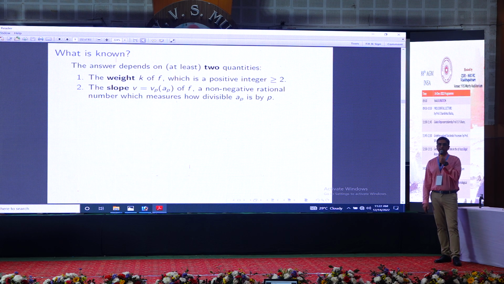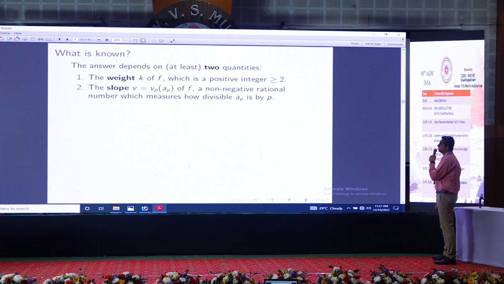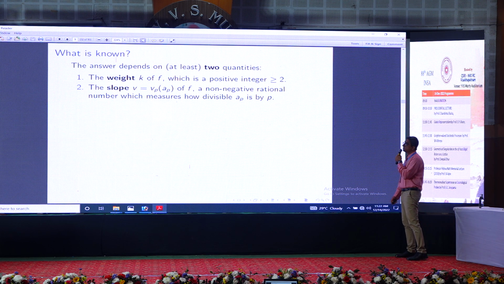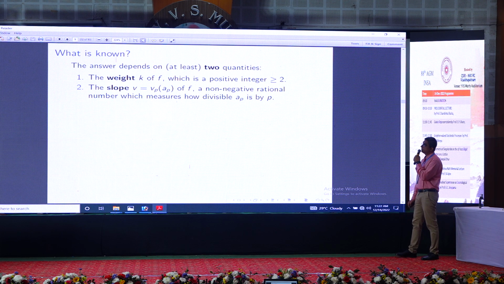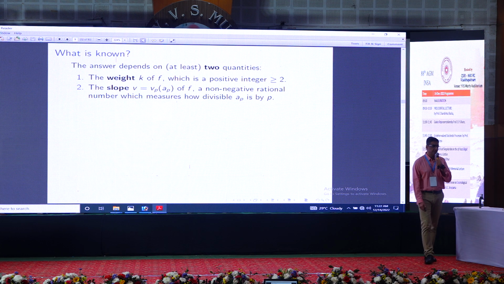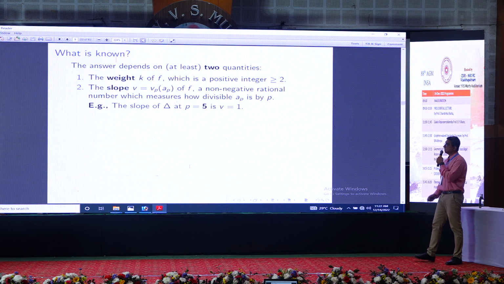So it seems to depend on how divisible that particular number is by p. That's what's called the slope. Actually it's not just a positive integer, it's a non-negative rational number in general, which measures how divisible a_p is by p. And let me just give that example again.